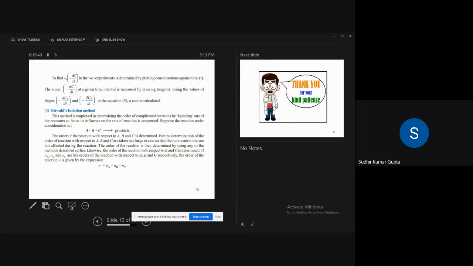Then the last one is the Ostwald isolation method. It uses the concept of pseudo order reaction. This method is employed in determining the order of competitive reactions or complex reactions. Complex reactions are reactions in which the rate depends upon various factors or reactants which collide together in more than one step to give the product.